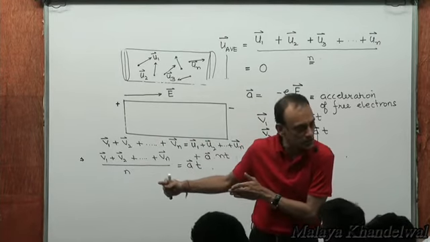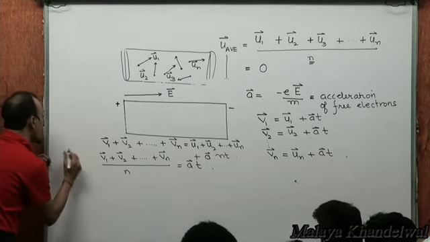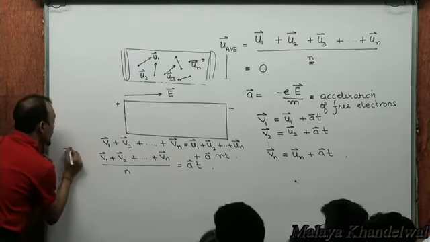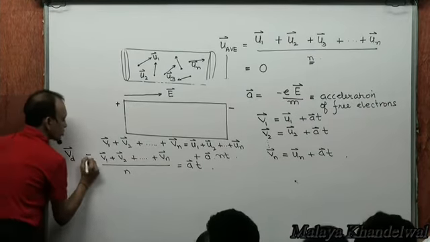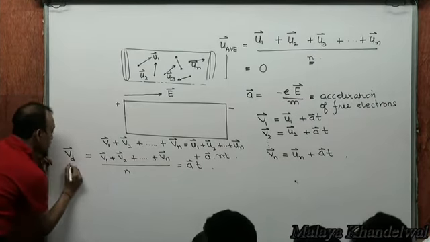This (v1 plus v2 plus vn) by n is called drift velocity. And in general, this t is very, very small.